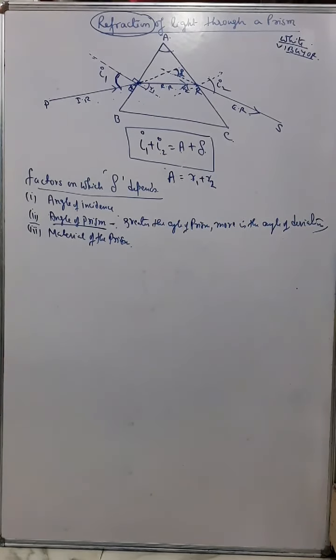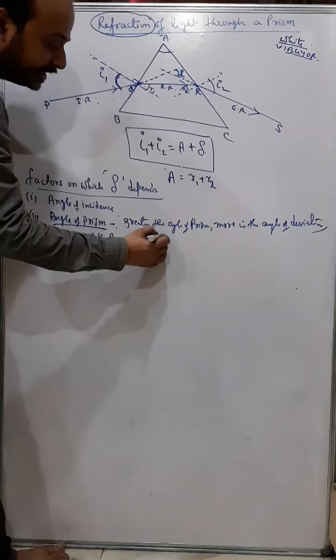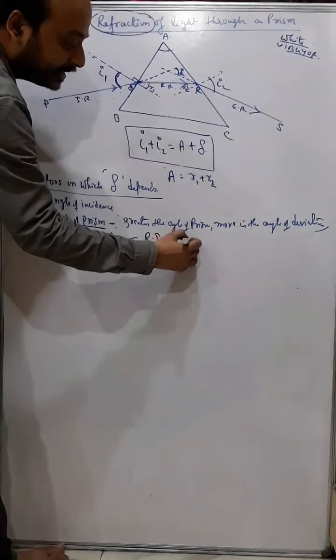Number 3, it also depends upon the material of the prism. In fact, the material of the prism actually depends upon the refractive index. That means the greater the refractive index of the material, greater is the angle of deviation.